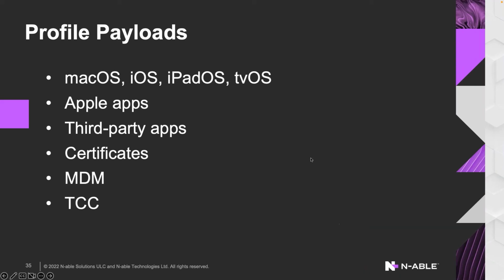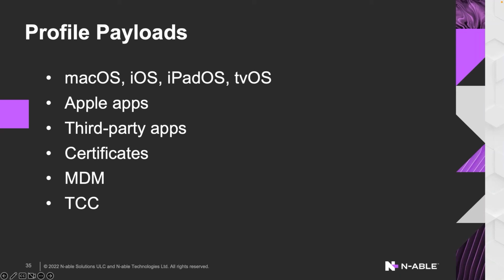Okay, of course, we can interact with certificates, either downloading or creating as necessary. We can look at deploying apps through profiles, either through third party or Apple themselves. Remember, like we talked about yesterday, the App Store is a very good tool.